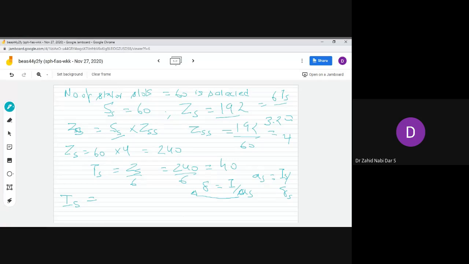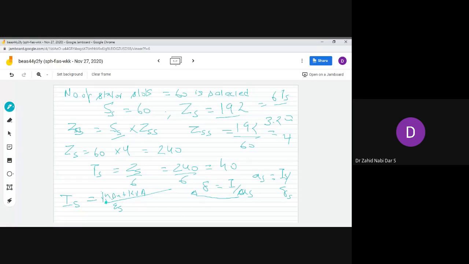So now we have to calculate the stator current. In order to calculate the stator current, we will straight away write down the formula: your input kVA divided by ES, that is your stator voltage.